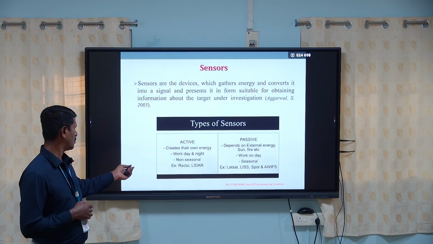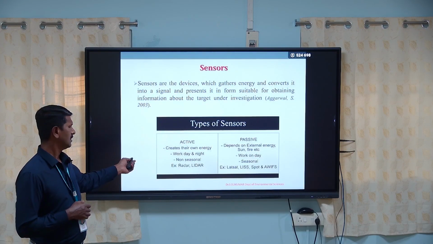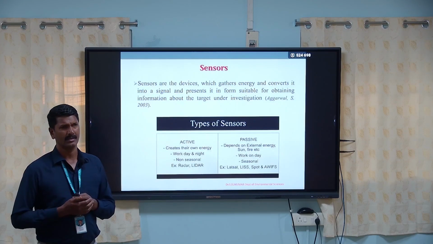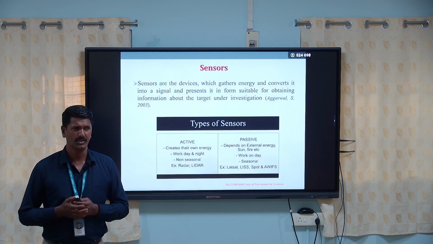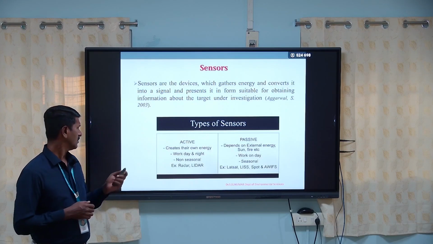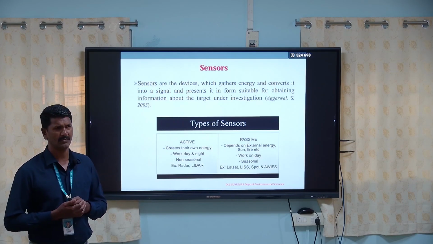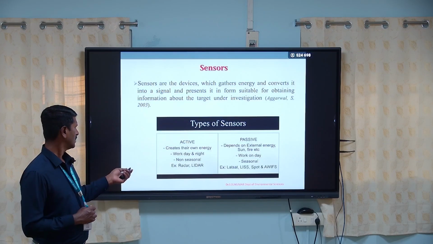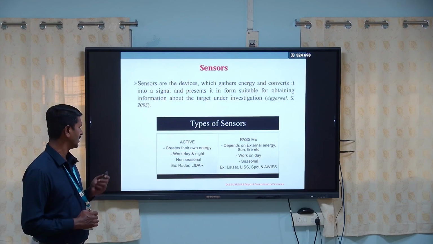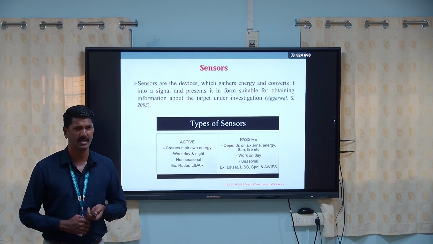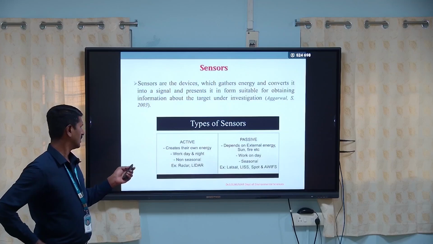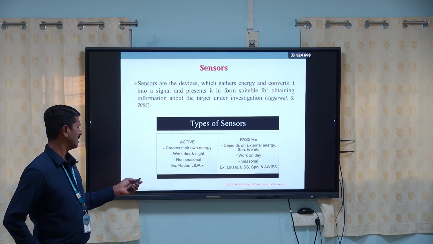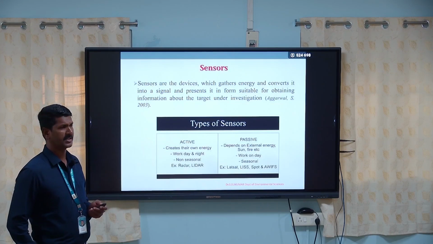The passive sensor works on sunlight energy, while the active sensor works on the satellite's own energy, since the satellite already has energy. The best examples of active sensors are radar and lidar, and the best examples of passive sensors are Landsat, LISS-3 and SPOT satellite imagery.